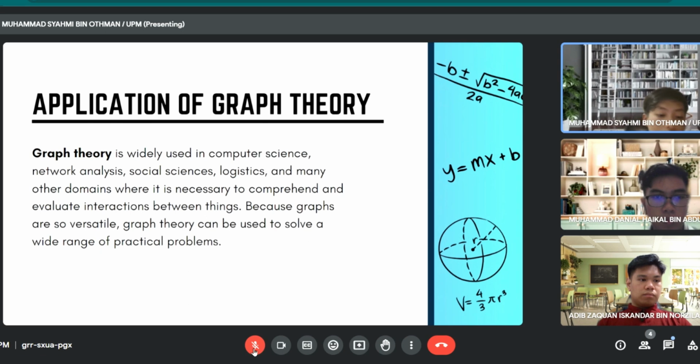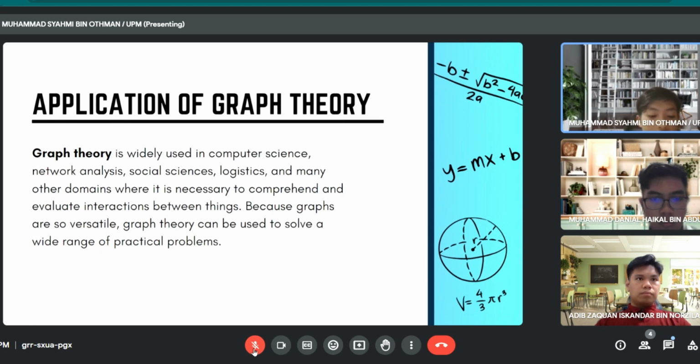For instance, the influence of graph theory extends deeply into computer science and information technology. Graph theory is useful in social media analysis because it can be used to identify connections and patterns in networks. Besides that, graph theory can help organize and optimize processes in the transportation and logistics sectors.